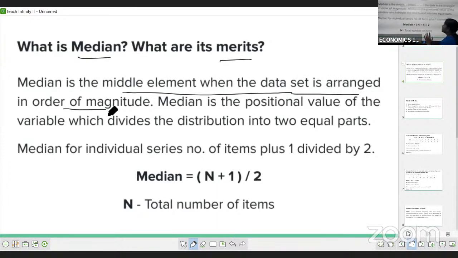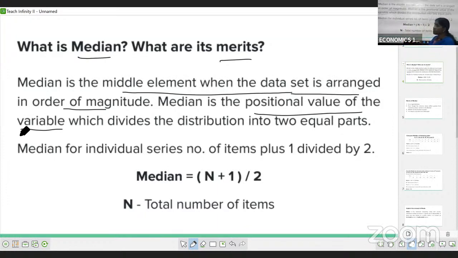Next, the median is a positional value of the variable. Whatever variables or numbers they give, the position of that variable is known with the help of this median.